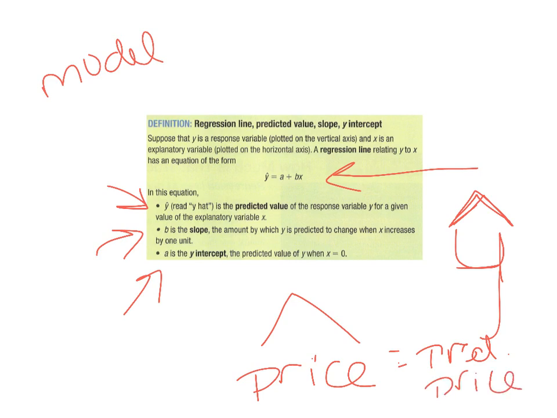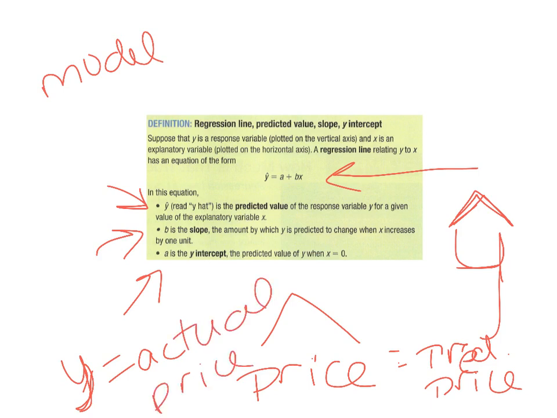That's what the little hat stands for. If you don't have the hat and you put just a y, that means that is the actual price, which it may not be. So you have to make sure you use that notation correctly.